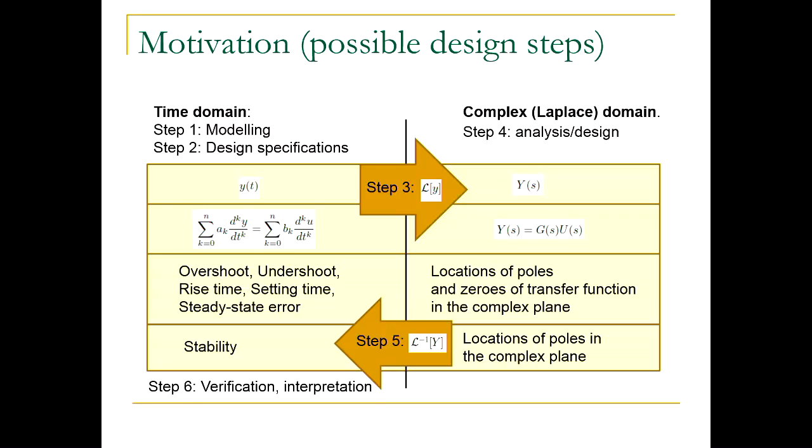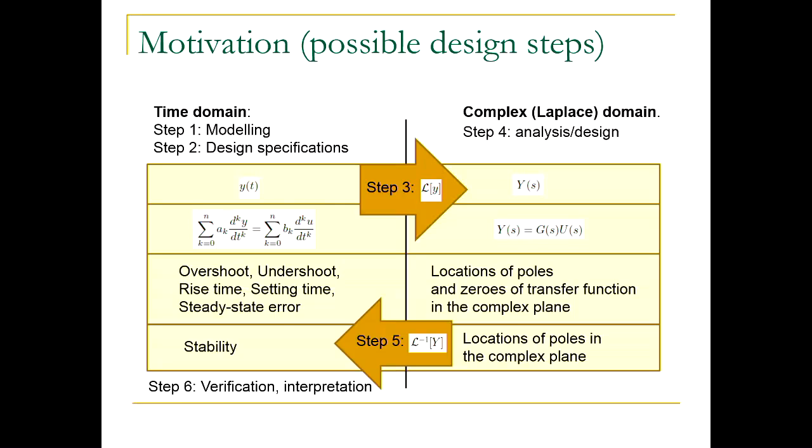Well, it turns out that the design and analysis can be much more easily done in complex plane. So I can, for instance, for second order systems, translate the requirement on overshoot into locations of the closed loop poles in the complex plane.